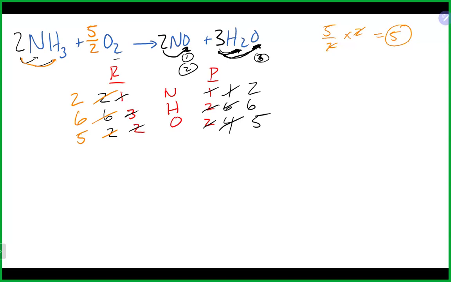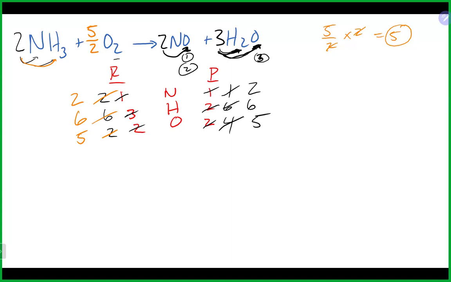Here's the deal, right? We needed a 5 on the left, right? So I just added a fraction, which clearly did balance the equation, yes? Is that equation properly balanced? It is not, because when you balance an equation, all the coefficients need to be what type of numbers? Whole numbers.